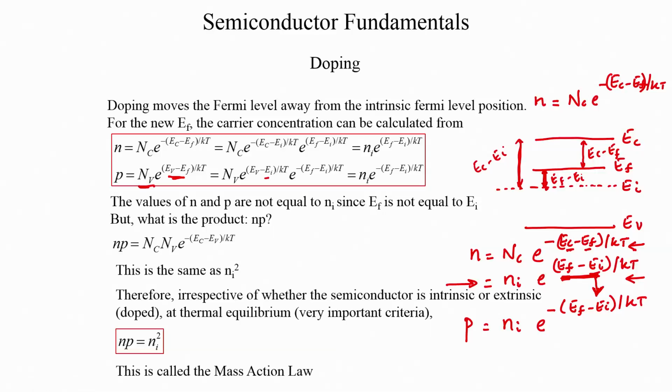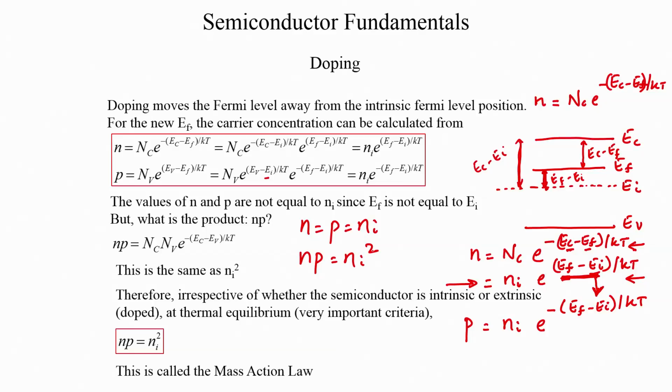So now, what is n into p? In the case of an intrinsic semiconductor, what was the electron and hole count? In an intrinsic semiconductor, my Ef was equal to Ei, therefore this exponent is 1, and the electron and hole count were both equal to Ni. So in an intrinsic semiconductor, we had n equal to p equal to Ni, and the product np was equal to Ni square.